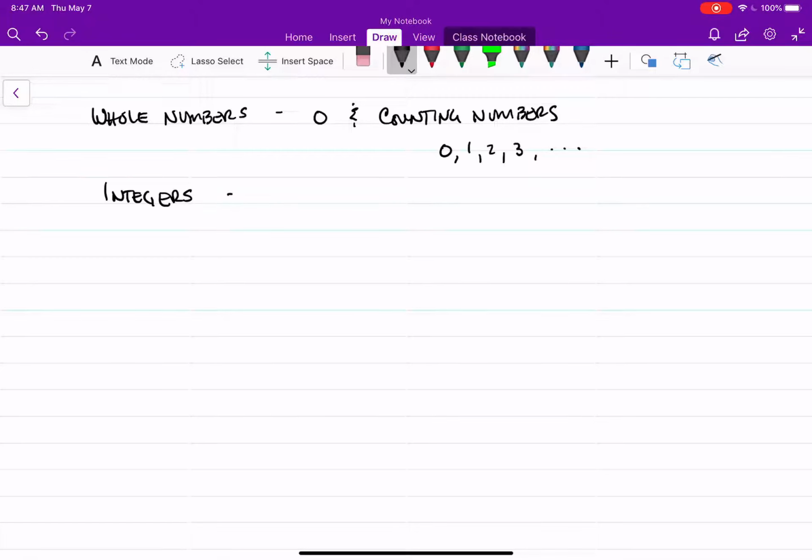Integers are basically positive. How about if I do it this way? I'm going to write it out as positive and negative, and we typically write it this way, plus or minus. Positive and negative whole numbers.